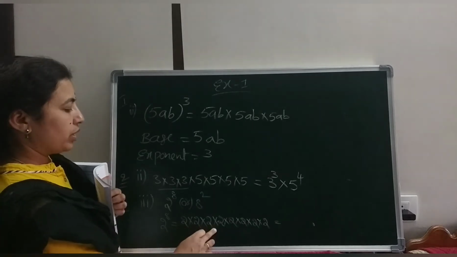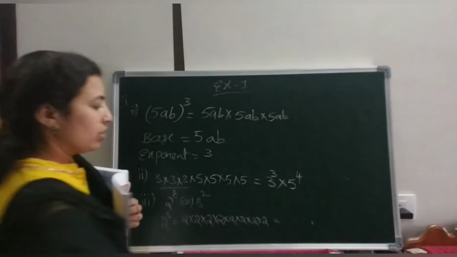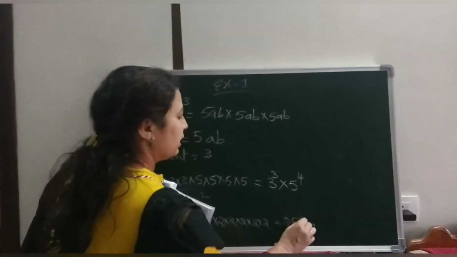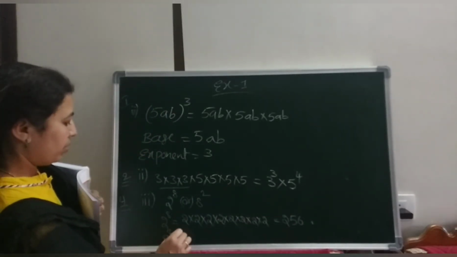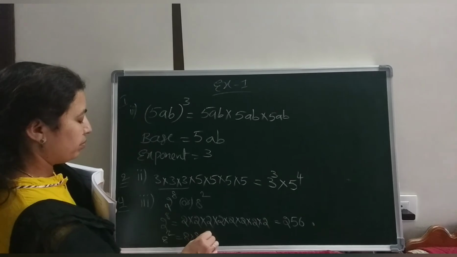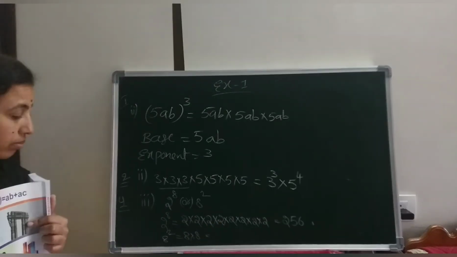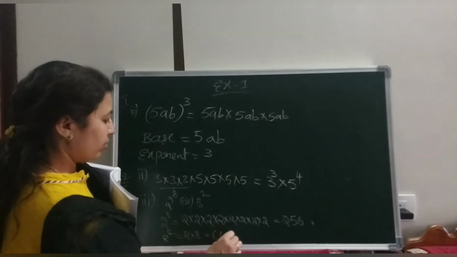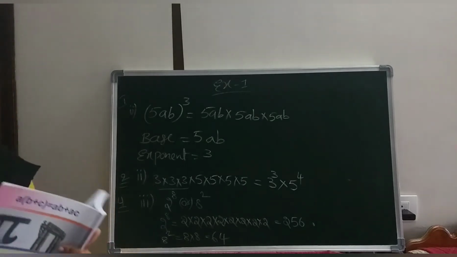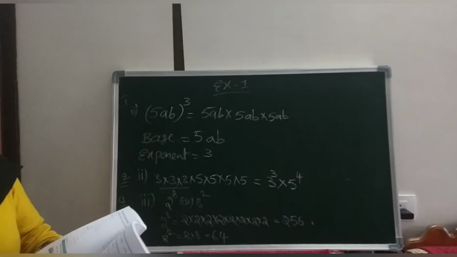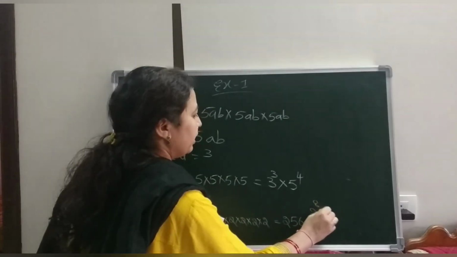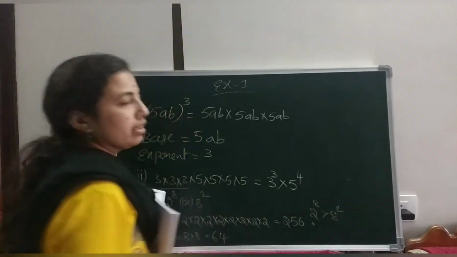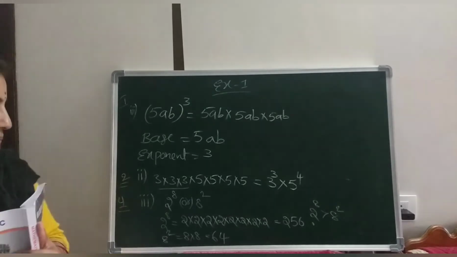These are 4, 4 fours are 16, 16 twos are 256. And then 8 square, 8 into 8, 64. Now which one is greater? They asked for the greater number. 2 to the power of 8 is greater than 8 square. Okay.